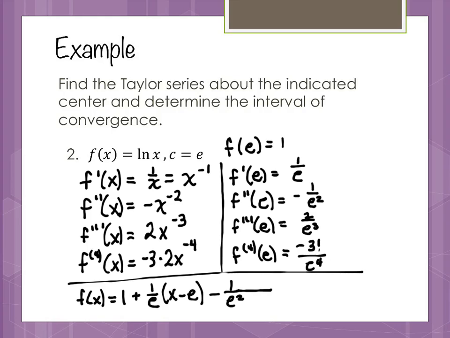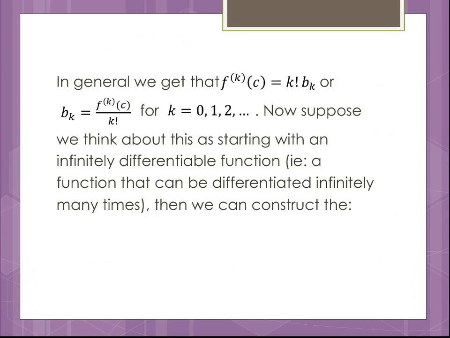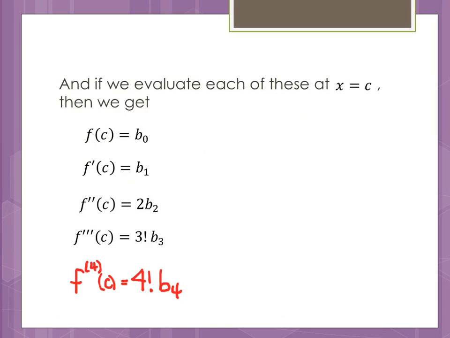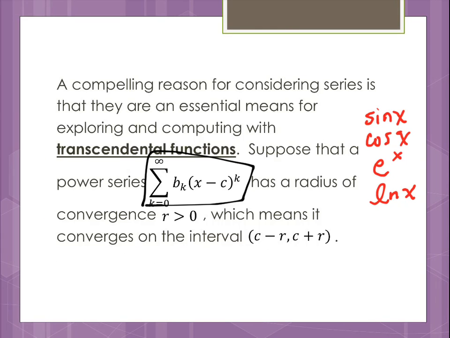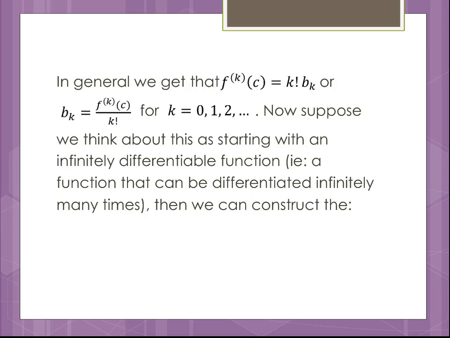And part of the power series, if you'll remember, in fact, I'll go back to it on the front side of this. Is that my b sub k is going to have a k factorial in the denominator, right?